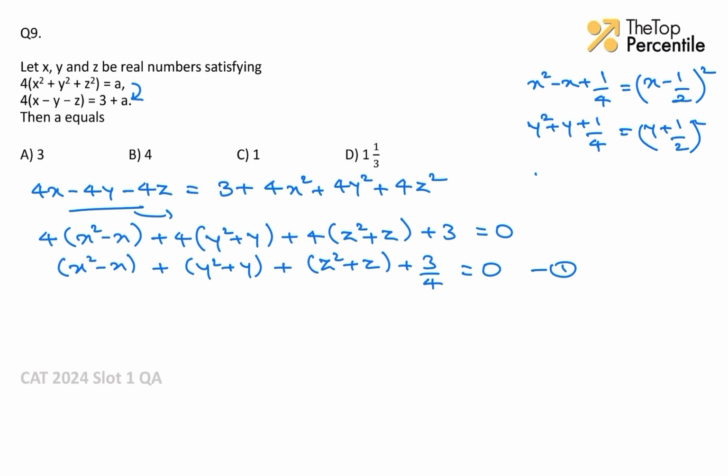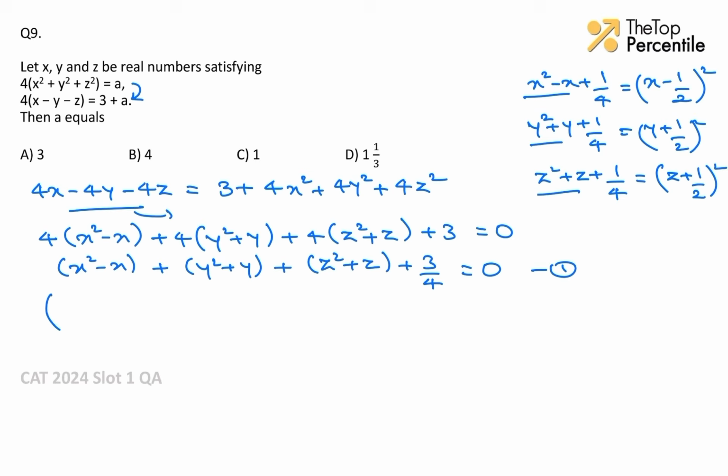With z square plus z, if I add 1 by 4 here, I'll get z plus 1 by 2 whole square. I already have x square minus x, y square plus y, z square plus z here, and I'm adding 1 by 4, 1 by 4, 1 by 4, which is 3 by 4. So I'll have to also subtract it.